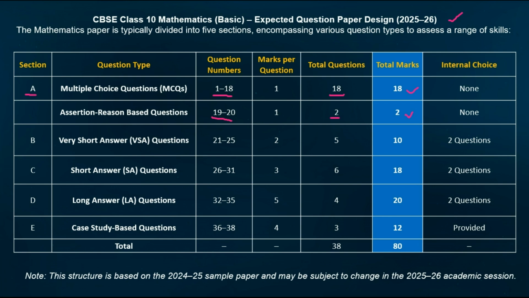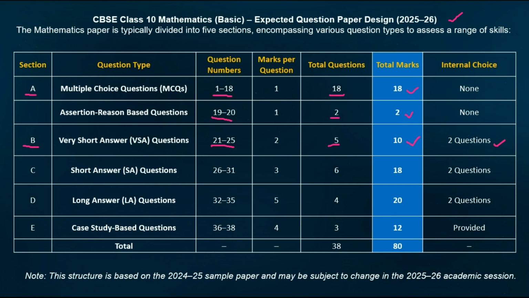In section B, very short answer questions, question numbers 21 to 25, 2 marks per question, total questions 5, total marks 10, 2 questions internal choice.